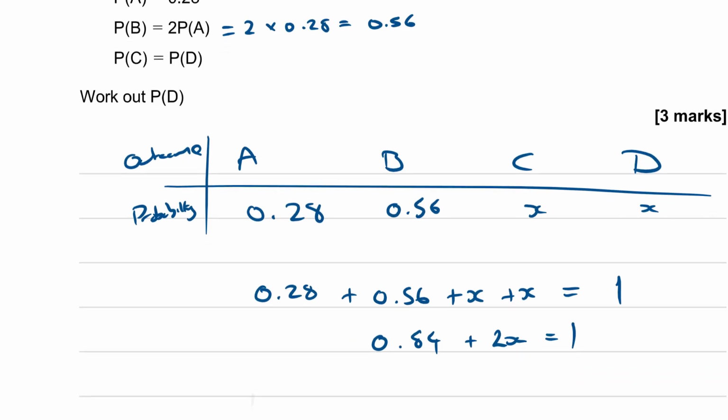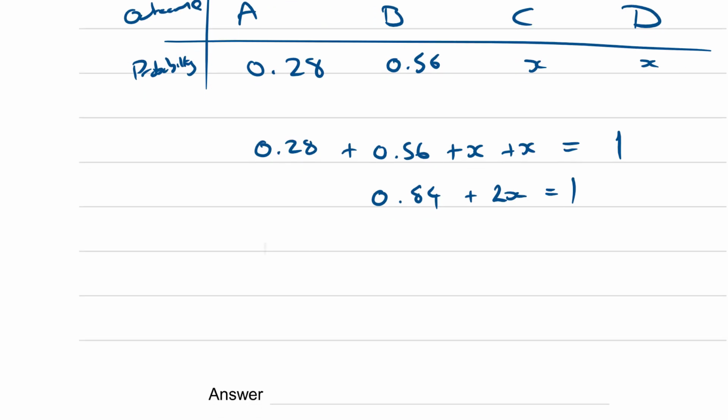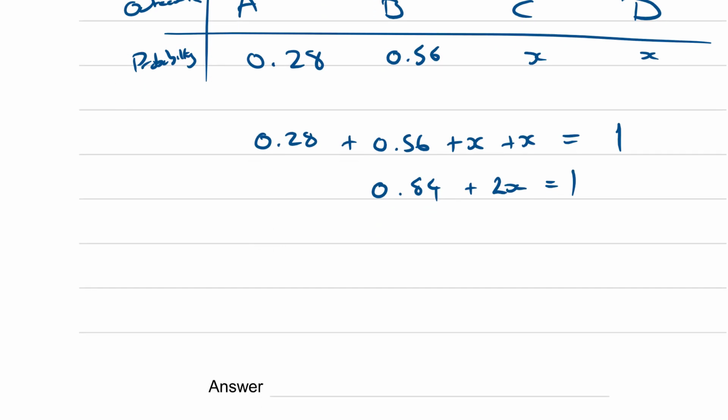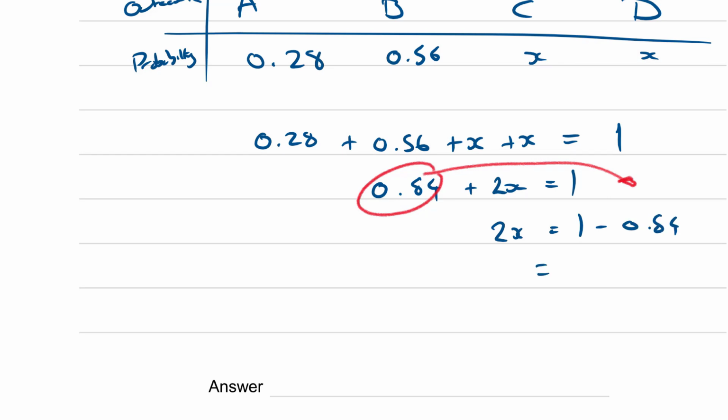So I've got myself a little linear equation in X that I can now solve. Taking my 0.84 and moving it to the other side, I get 2X is equal to 1 subtract 0.84, which is 0.16.